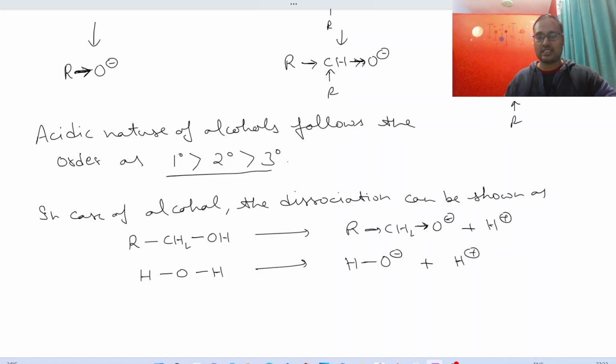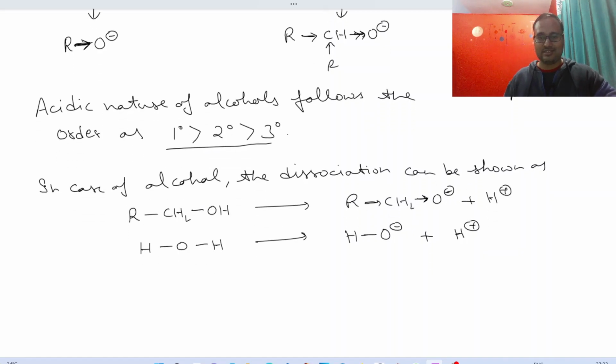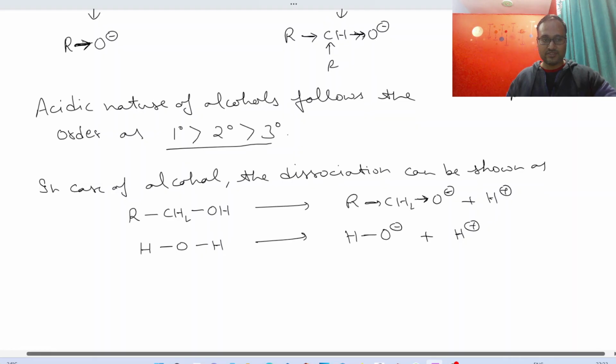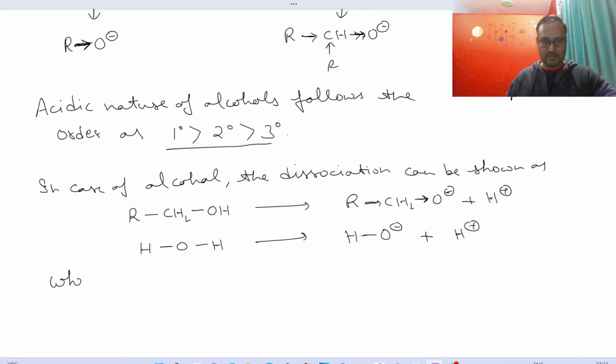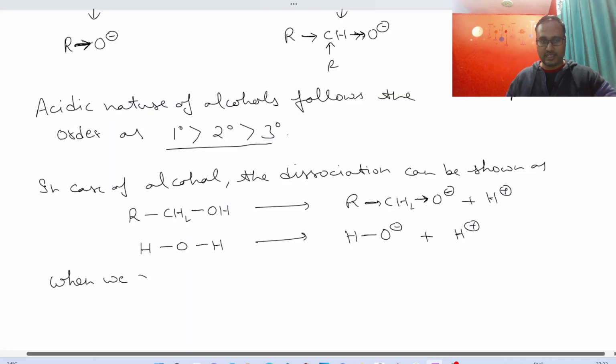So this shows that the hydroxide ion is more stable as compared to the alkoxide ion, stating that water is more acidic than alcohol.